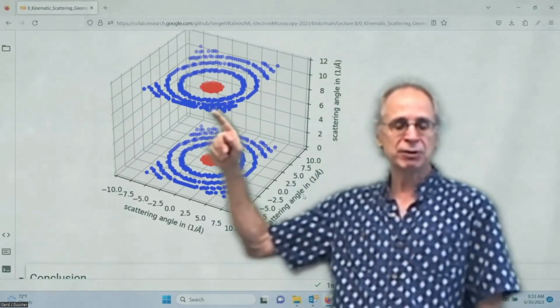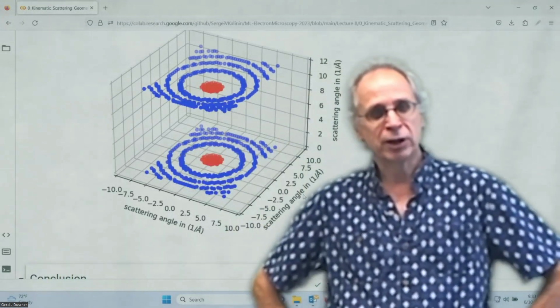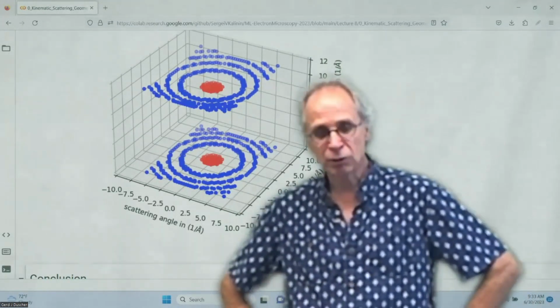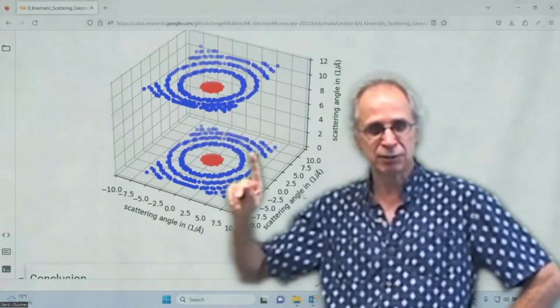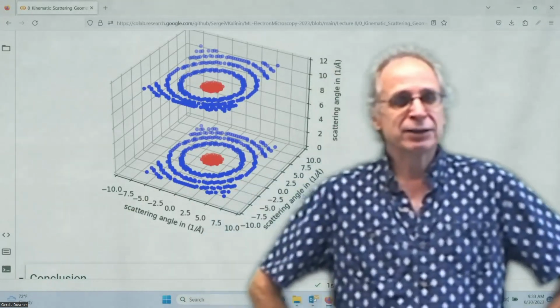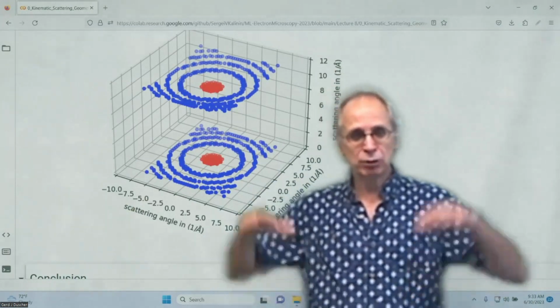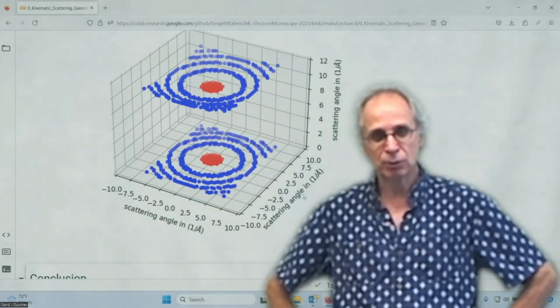So this was our Ewald sphere that we now oriented, our incoming beam in the 0, 0, parallel to the z-axis, right? And project it down. We make a small error here. So what I do is I just project it down, so I just get rid of the z component.